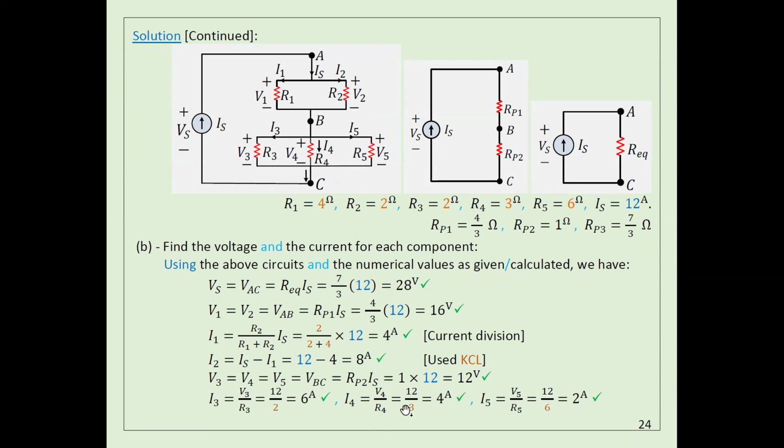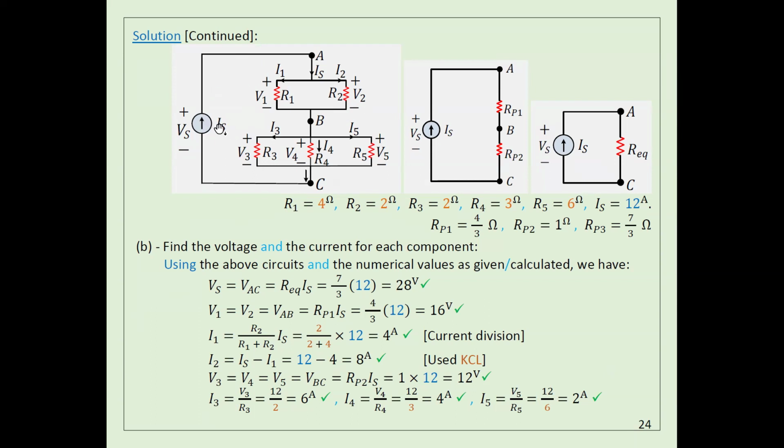Or the other way, as I did here, you have the total voltage. How can you get the total voltage from here to here? I times R equivalent. I already know IS, it's given to me.